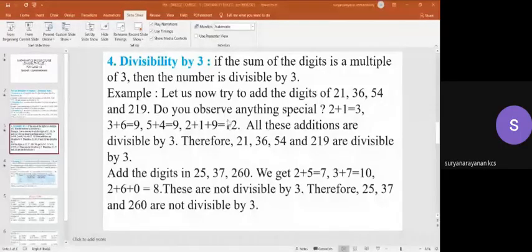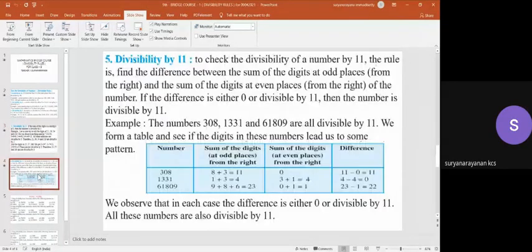Are you able to see this slide, my children? Yes, sir. Next, come to the next slide. What is the next slide? Sir, divisibility by 11.